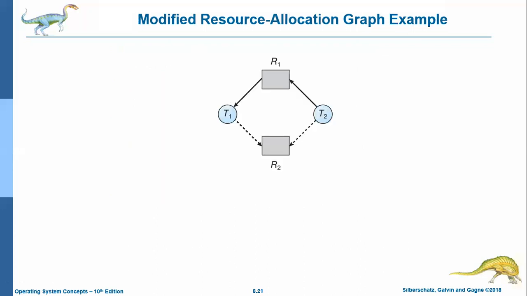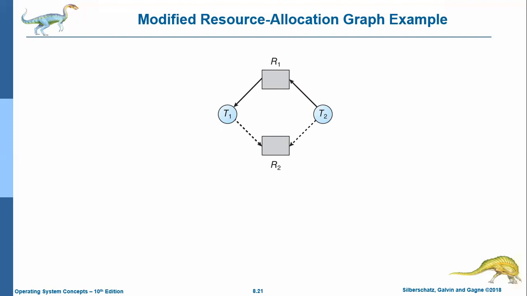So here is the modified resource allocation graph. It represents that there are two processes, T1 and T2, and an edge from R1 to T1 indicates this is an assignment edge. That is, resource type R1 has been allocated to process T1.